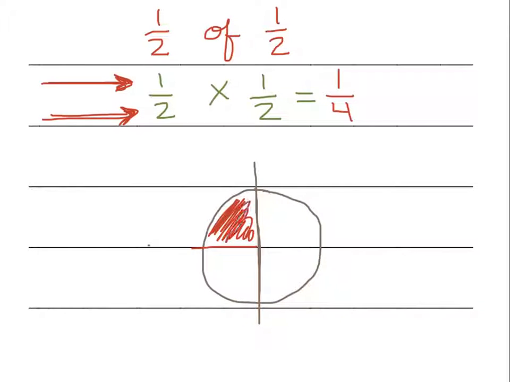Here's my half, and I've wanted 1/2 of my half. So I do get a smaller piece when I multiply fractions. When you multiply whole numbers, you're going to get a bigger number. When you multiply fractions, you will always get a smaller number. So 1/2 times 1/2 equals 1/4, which is a smaller fraction.